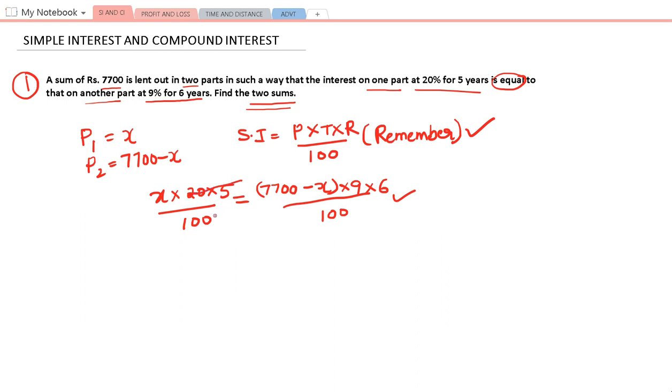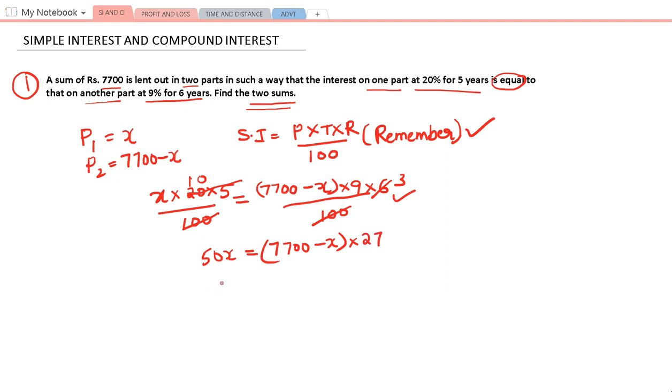So cancel the 100. Here 2 fives are 10, 2 tens are 20, that is 50x is equal to 7,700 minus x into 27.